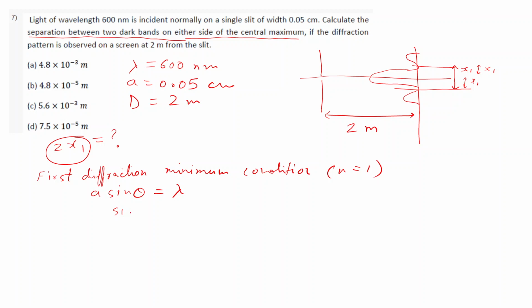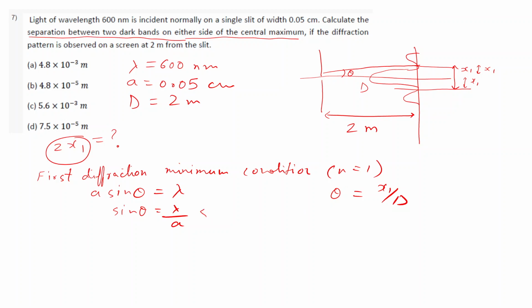So sine theta will be lambda by a, and if I am calling it x1, we know theta will be x1 by d. How? By small angle approximation, we can take theta is equal to tan theta, which will be this x1 by d. This is theta.